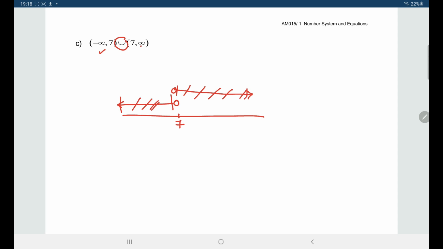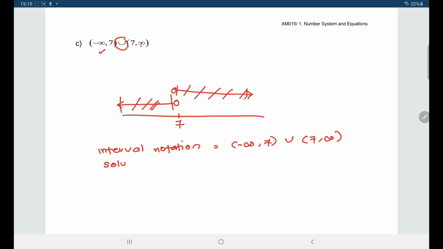So the solution in interval notation equals -infinity to 7 or from 7 to infinity.